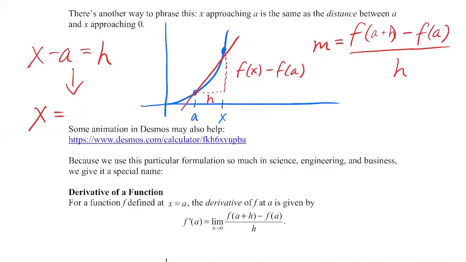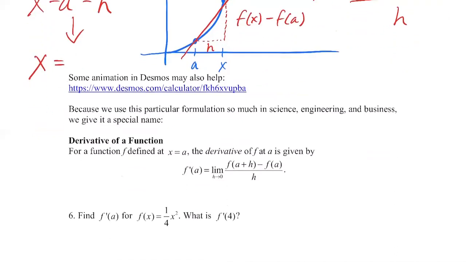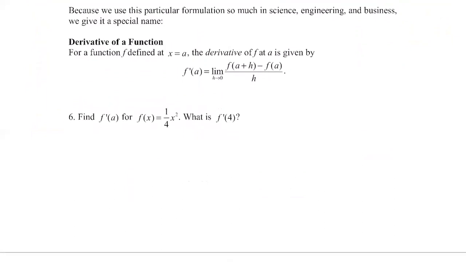So this way of formulating the slope in terms of the distance between a and x is most commonly used in general mathematics. We use this formulation so much in science, engineering, and business that we give it a special name. We call this the derivative of a function.